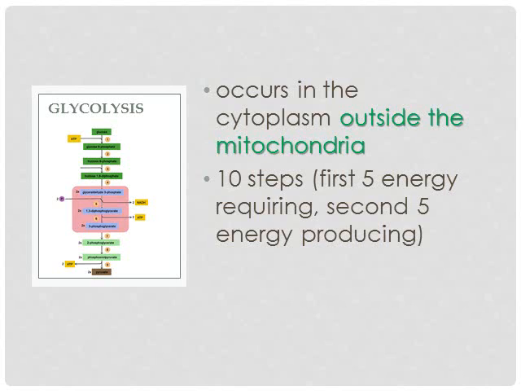And in order to get the thing started, we actually have to add a little bit of energy. So we have to have some ATP available to even start the process. But then by the time we finish the second half of the process, the 5 energy producing steps, we get back what we use plus a little bit more. So overall, we end up with more energy than we started with.